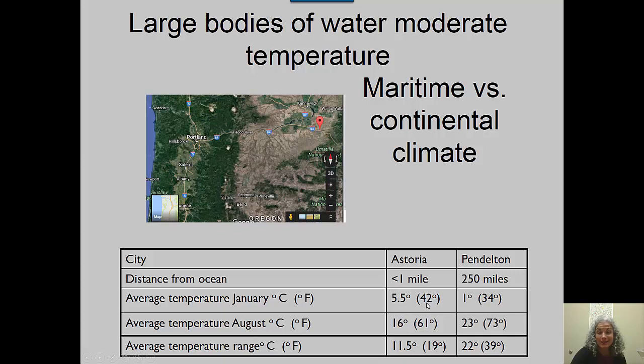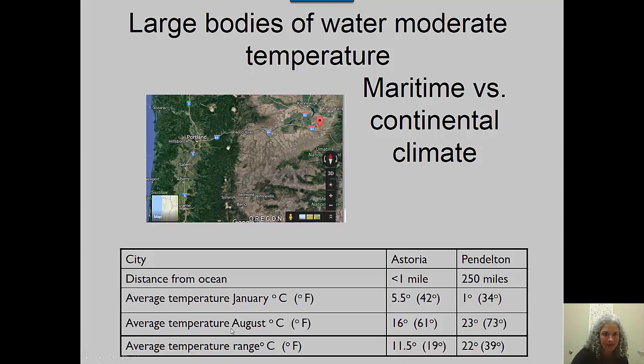We see that it's going to be a little bit warmer in Astoria. It's going to be a little bit colder in Pendleton. The ocean, all that water in the ocean is relatively warm, and it helps to warm up the land during the winter. In Pendleton, they're really far from the Pacific Ocean, so they don't have the warming effect of the water.